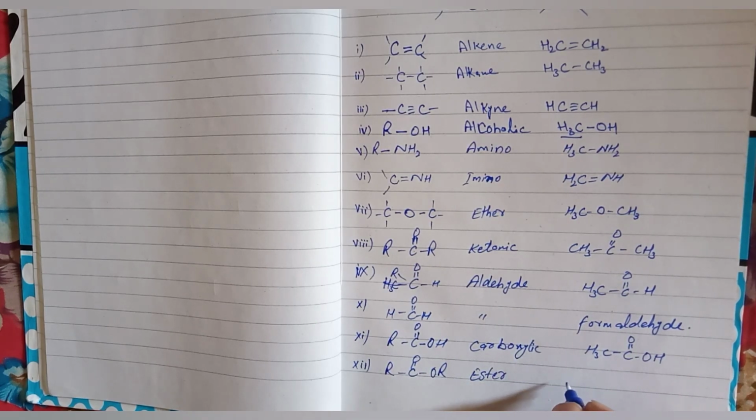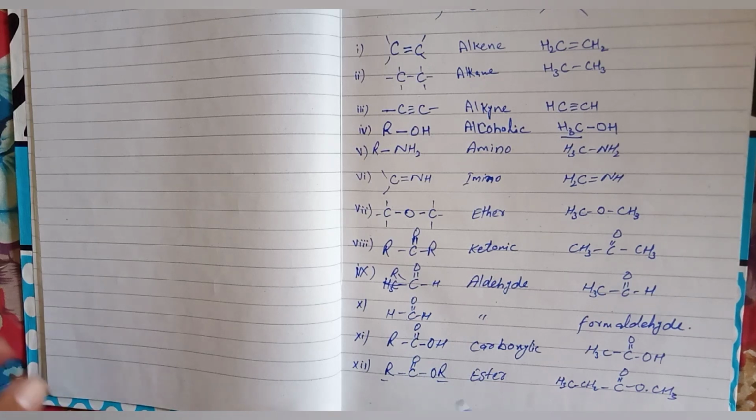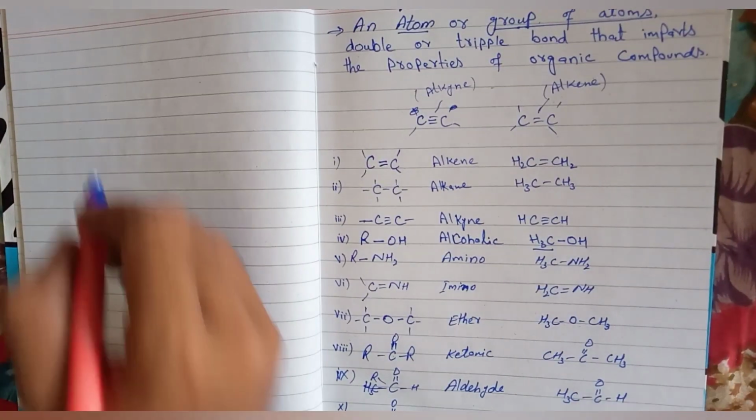The example of ester linkage is CH3CH2 carbonyl group, on the other side OCH3. This R may be different or the same, no issue. Is it clear, students?